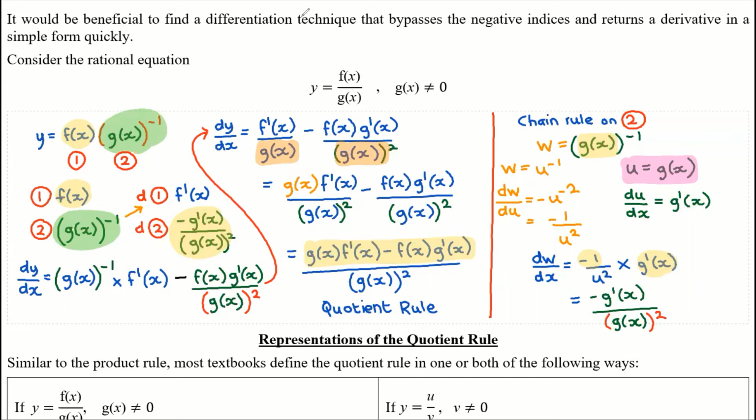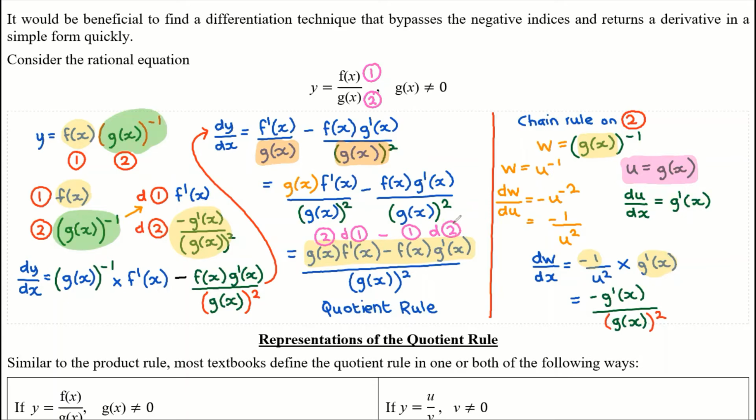Now, let's suppose I call the function on top 1 and the function on the bottom 2. If it's a fraction, rather than a product, the numerator over the denominator, what do I get? Well, I get 2, and then the derivative of 1, subtract 1 multiplied by the derivative of 2.